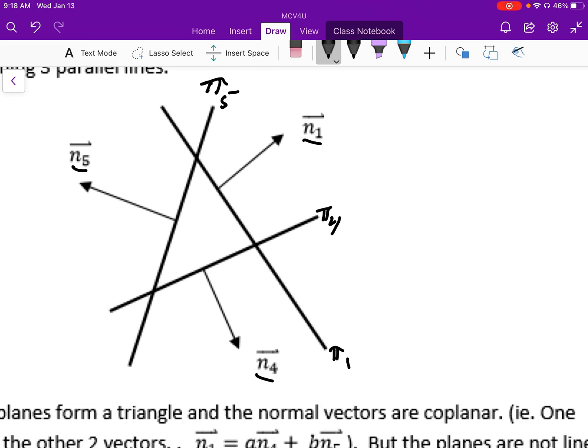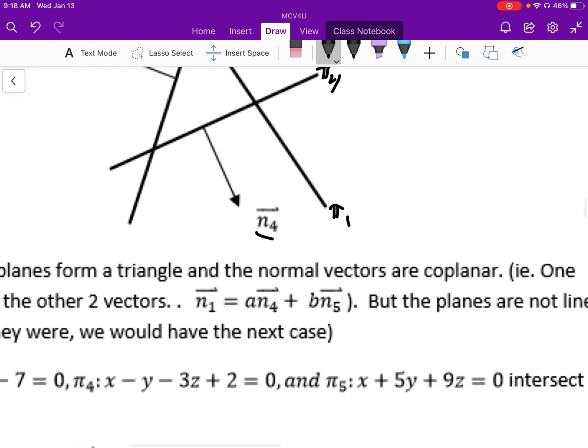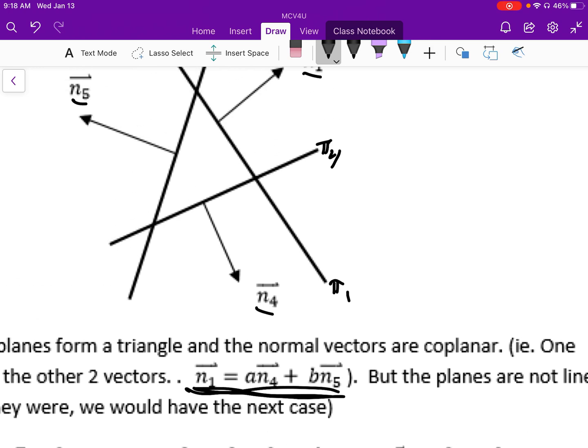Now the next part of this is, since you can form the linear combination, to have this case, you don't have the same linear combination with the planes. The d values wouldn't work the same way.